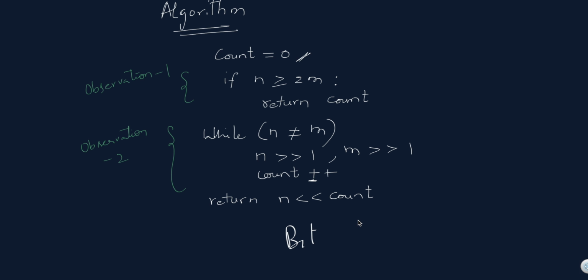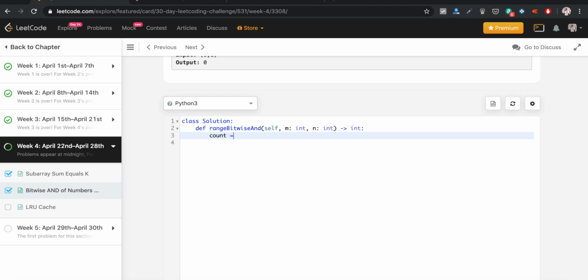So let us code through the solution in LeetCode. Here we will be declaring our count. Next we will be using our observation 1. If n greater than or equal to 2 star m, we will be returning the count directly. Next we will be using our observation 2. While n not equal to m, we will be right shifting n by 1.